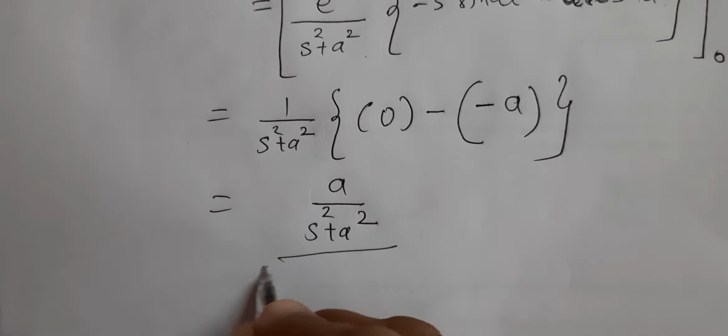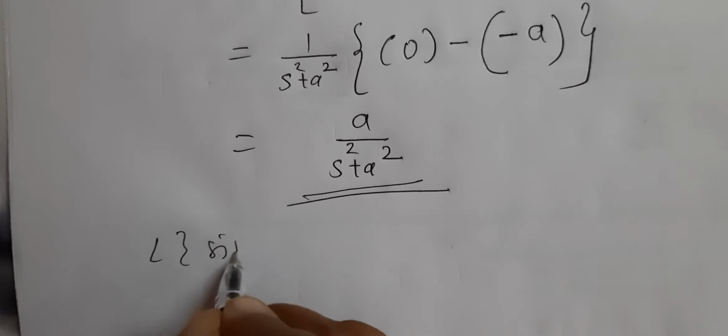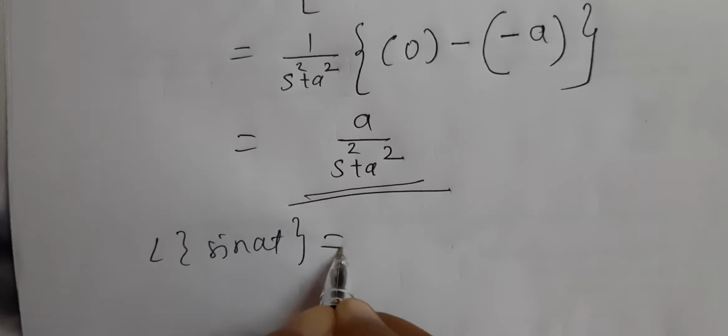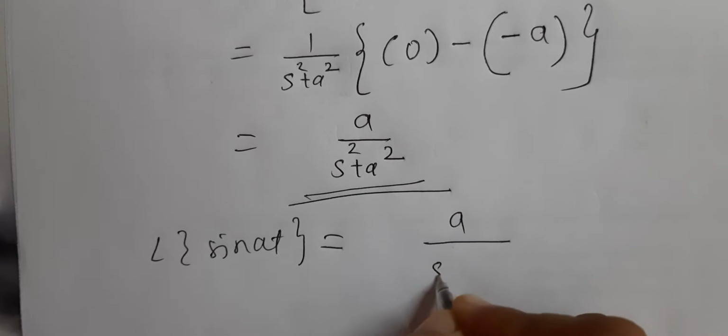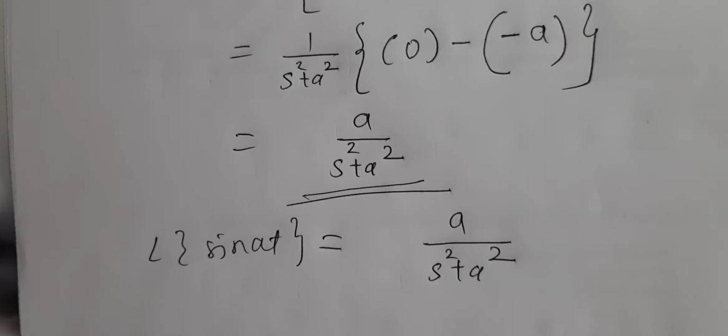So this is the first formula. We have proved L of sin at is a upon s² + a². So Laplace of sin 2t will be 2 upon s² + 4, Laplace of sin 5t is 5 upon s² + 25, etc.